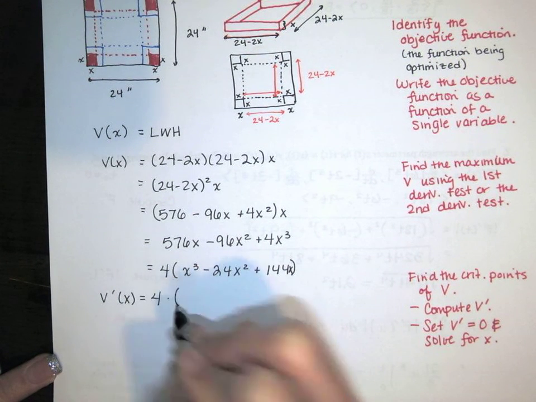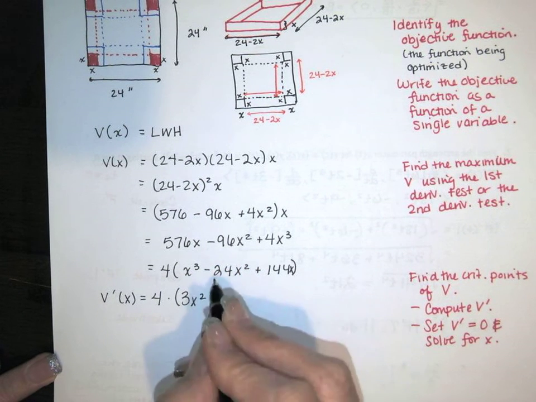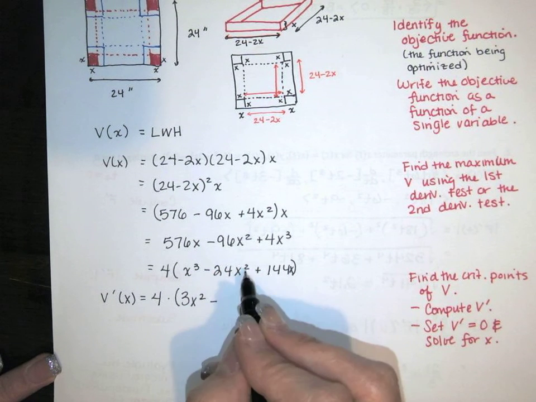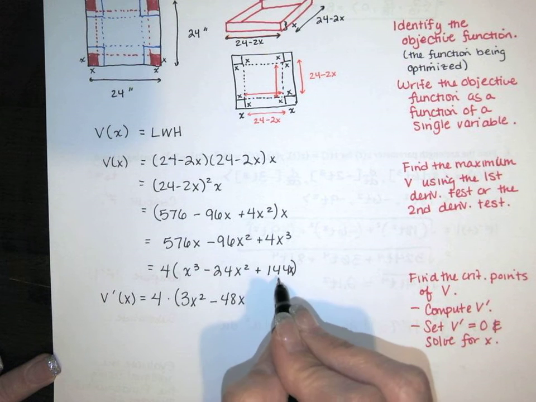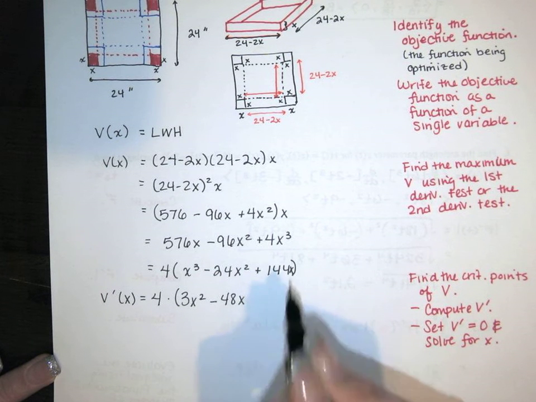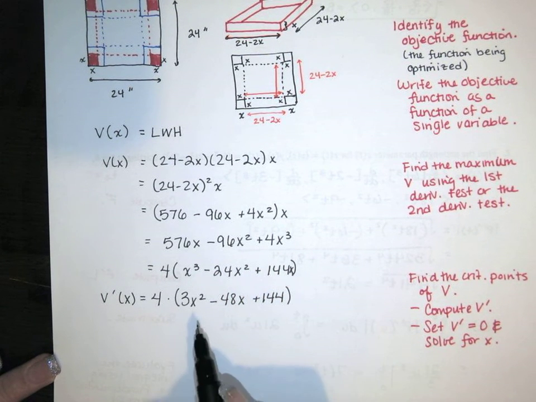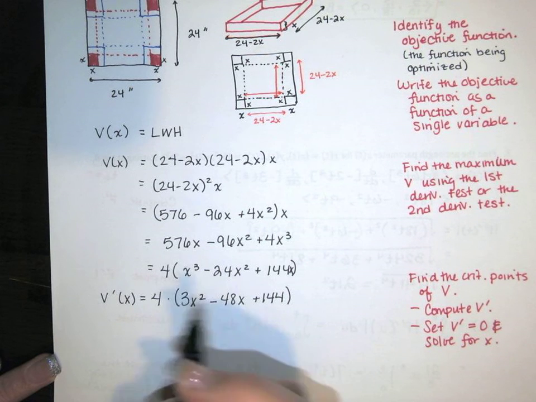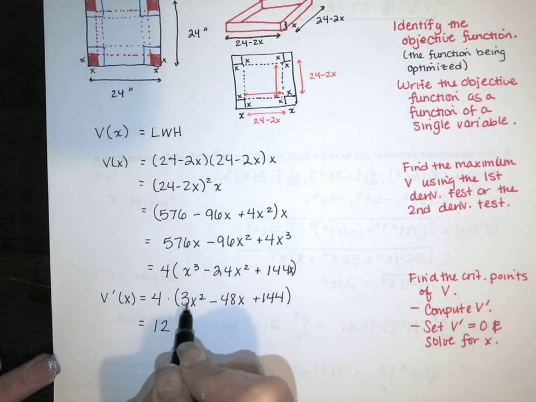Bring the 4 down, and the derivative of x cubed is 3x squared. The derivative of 24x squared, we bring the 2 down, that's 48, times x to the first. And the derivative of this constant times x is just our constant. And I see that all of these have a factor of 3 in common, so we could factor out a 3. 4 times the 3 is 12.